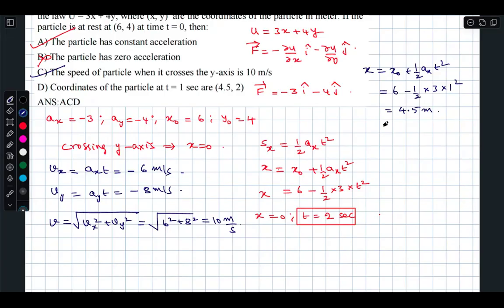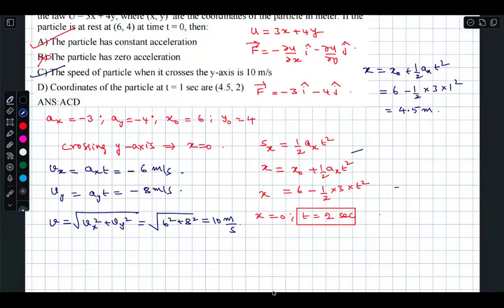Similarly, you have y is equal to y naught plus half ay t square.